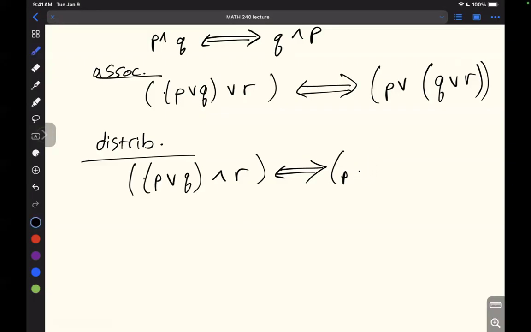P and Q or R is equivalent to P and R or Q and R. And see, so this and R kind of gets distributed to each one. And so having R over here means that we can distribute and say P and R or Q and R. So we can distribute that through.